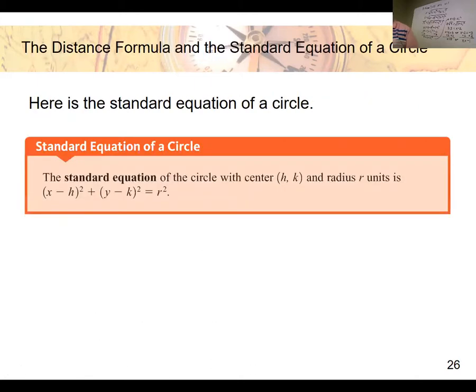So I'm just going to go straight to it. That's the standard equation of a circle with the center h comma k. The radius is r, and it's x minus h quantity squared plus y minus k quantity squared equals r squared.